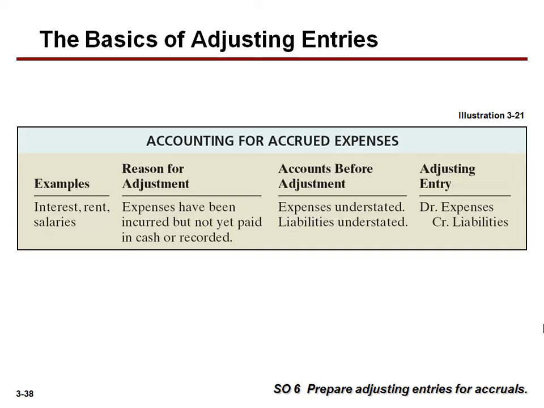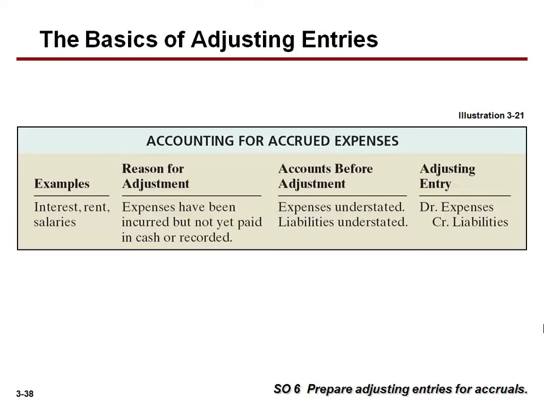So recapping accrued expenses, the reason for the adjustment is that expenses have been incurred. We've received the benefit of some service, but it's not yet been paid. Before the adjustment, our expenses are understated because they have not been recorded, and our liabilities are understated because we haven't recognized the fact that we owe that money later.